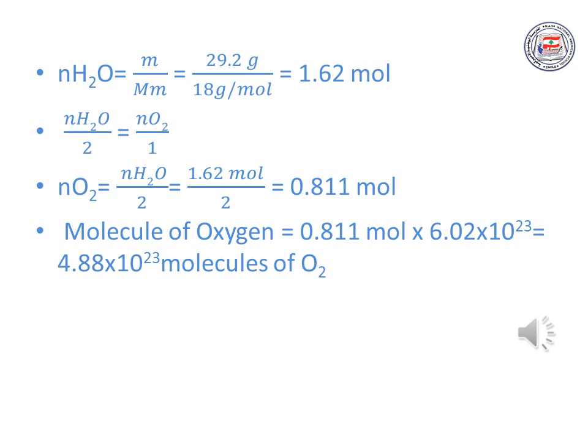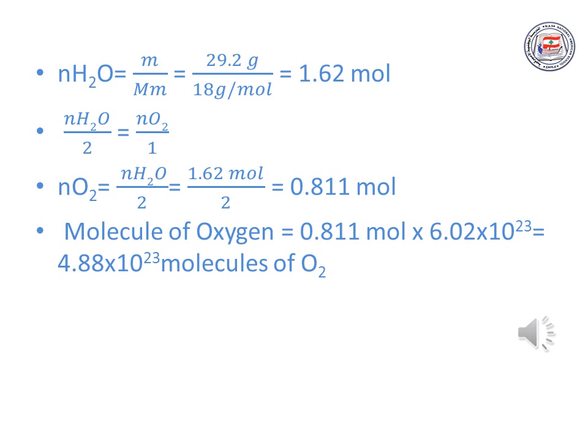Then convert from moles of reactant to moles of product. So we write number of moles of water divided by the coefficient 2 equal number of moles of oxygen divided by the coefficient 1. So number of moles of oxygen equal number of moles of water divided by 2, and the answer is equal to 0.811 moles.